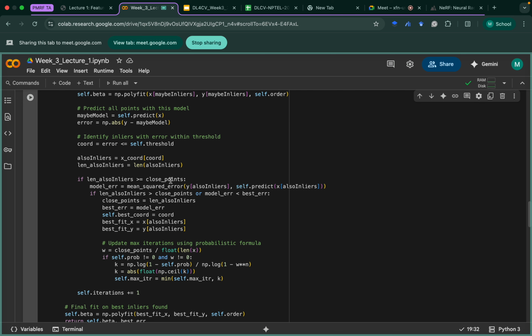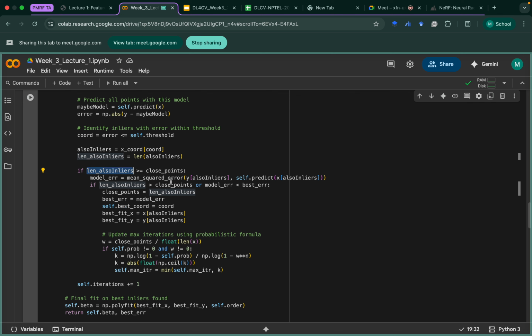So you keep a measure of how many inliers you have until that point. This term close points will keep track of the most inliers until that time, that search, and this is what I have at the current estimate. The condition used here is if the number of inliers now is greater than the previous one, as in if that says it is a better fit, right?